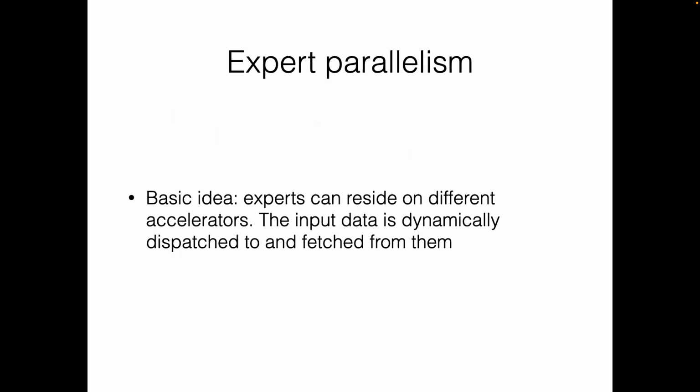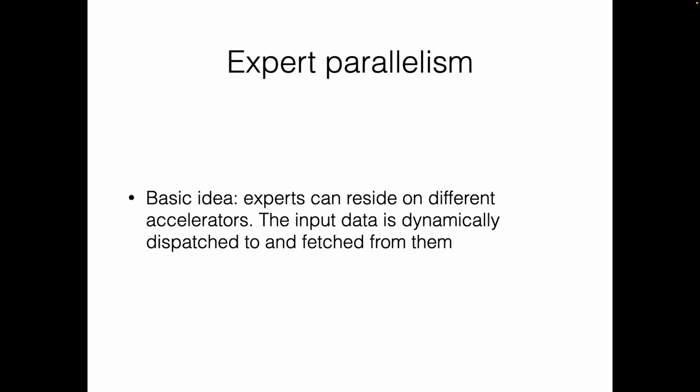Okay, so here we're not going to go into too much detail, but if you remember from the parallelism lecture, if you remember from the long context lecture, then we have these different notions of parallelism. So we have data parallelism, pipeline parallelism, what else? Context parallelism, model parallelism. Well, it turns out now you can have expert parallelism. And the idea, at least, is really simple. So here we're going to try to have each expert reside on a different device or different accelerator. And so then the data is going to be dispatched to them and fetched from them.